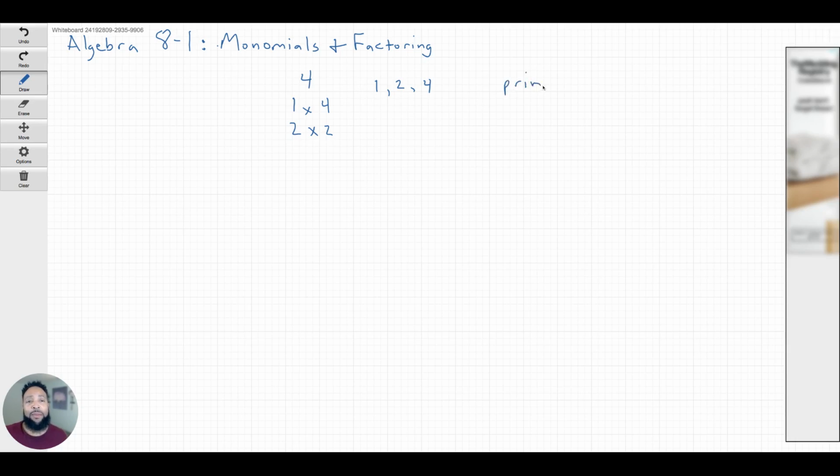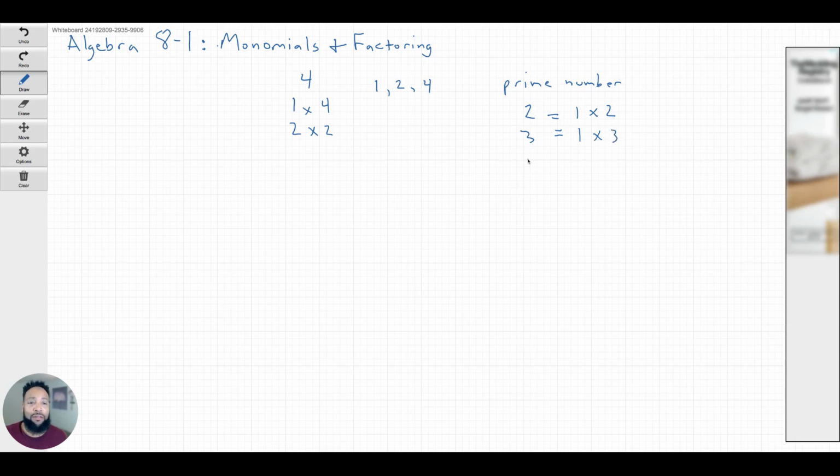So a prime number is a whole number greater than 1 that can only be factored by itself and 1. So say, for instance, 2. The only 2 factors that you can get out of 2 are 1 and itself, 2. That goes for 3 as well: 1 and 3.